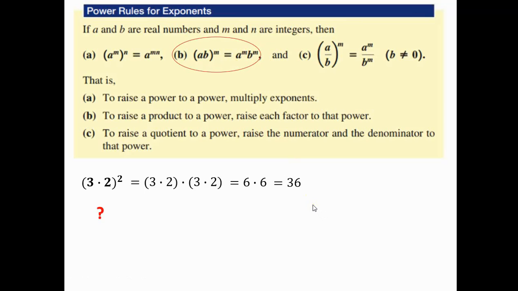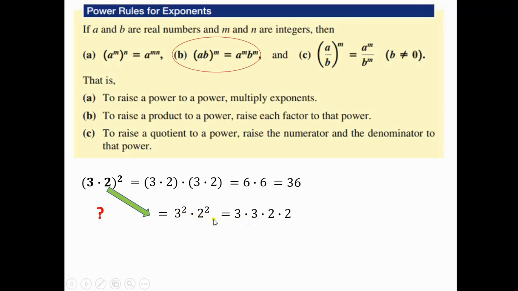All right? So our question is, can we apply our power rule for a product to a power? That's our question. Let's try it out. So what we've done here is apply the power of 2 to both of the factors here. Notice we took 3 to the second power, and we took 2 to the second power. All right?